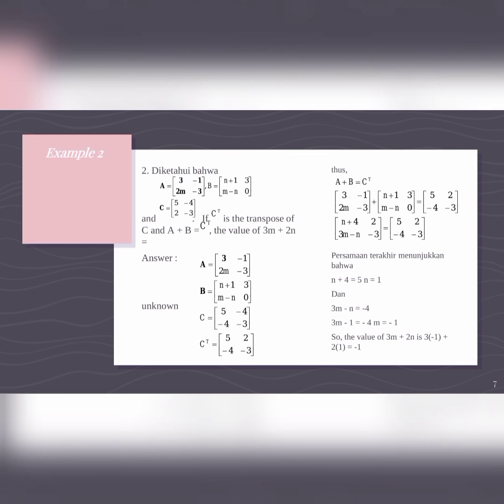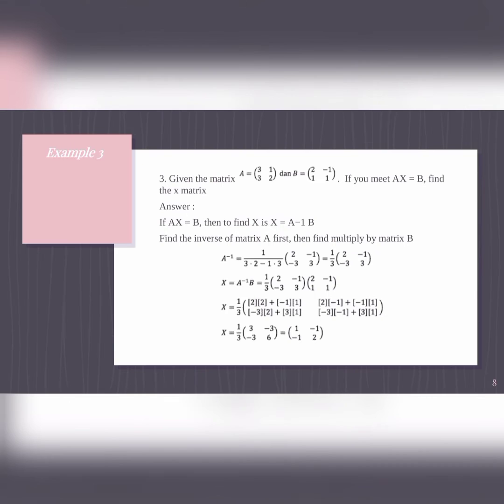And the next question is number 3. Given the matrix A 3 3 1 2 and matrix B is 2 1 minus 1 1. If A times X equals B, find the X matrix.